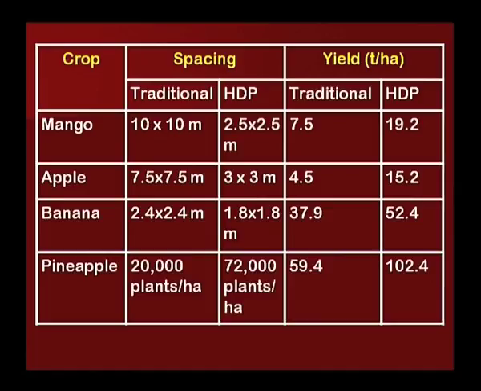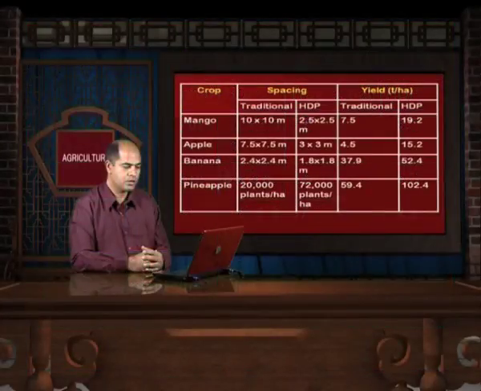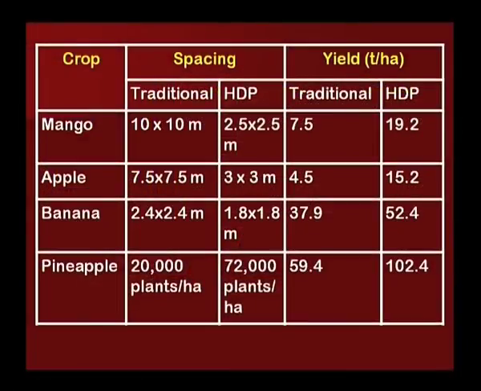Similarly, in apple, 7.5 by 7.5 meter is the traditional spacing. In high density planting, 3 by 3 meter is used. The yield is 4.5 tons per hectare in case of traditional planting. In case of high density planting it is 15.2 tons per hectare.